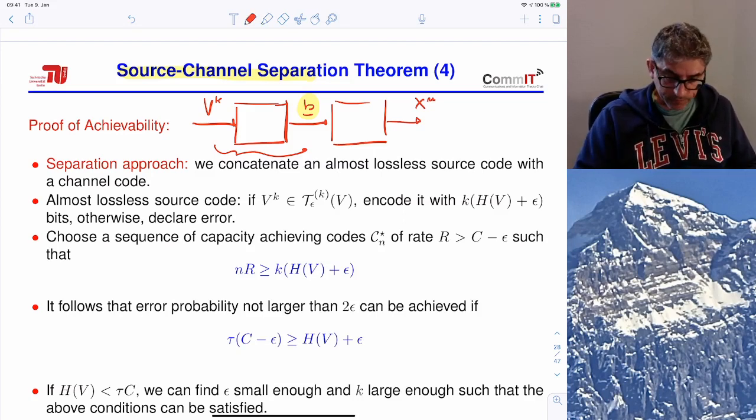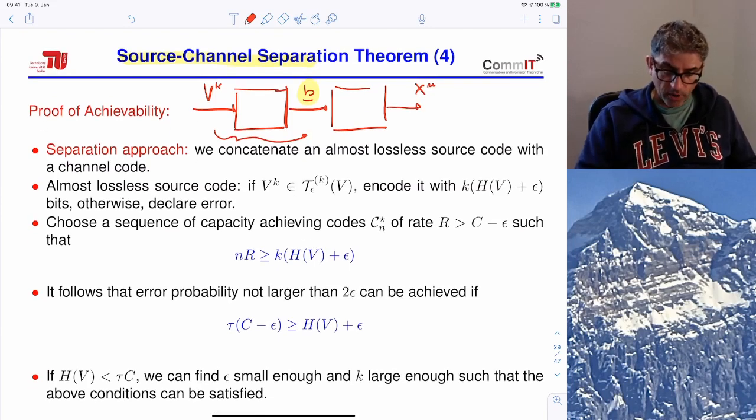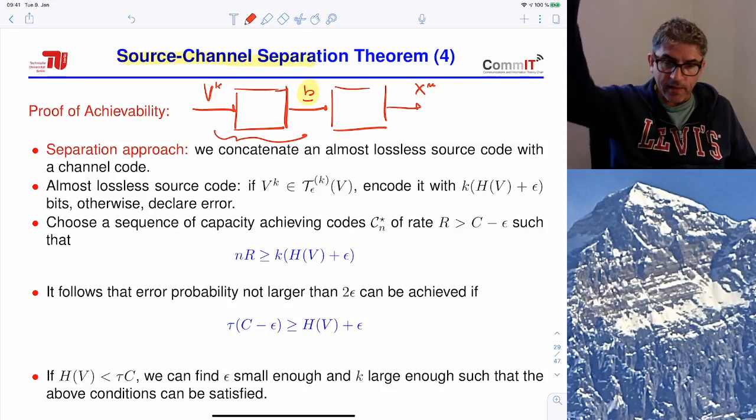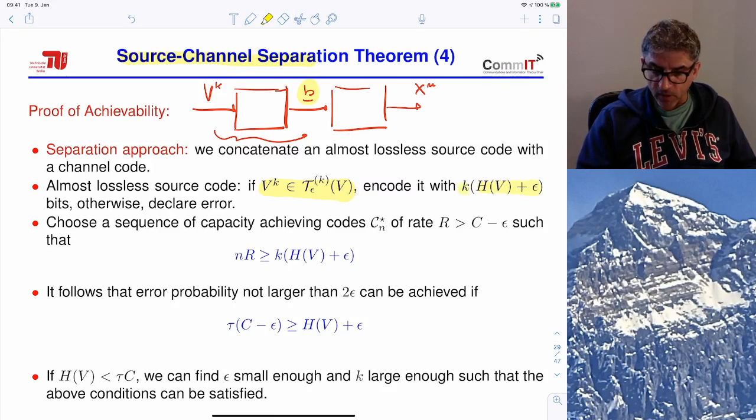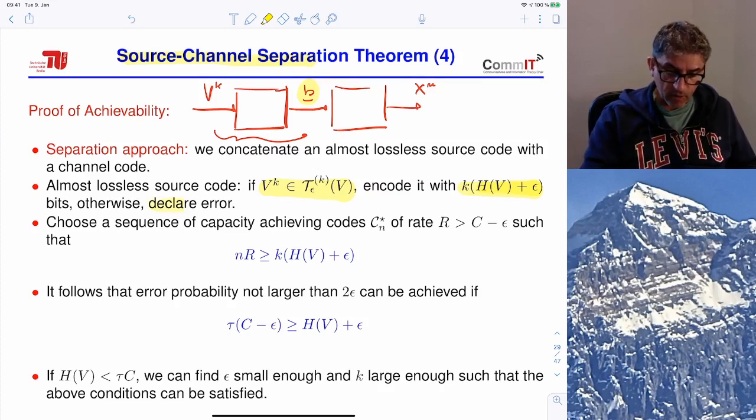So what happens? Well, we know that we are going to make an error in the source encoder if the source sequence is non-typical, because we index all the typical sequences. So if the source sequence is typical with respect to the typical set of the source, then that source sequence can be encoded, and k times (H(V) plus epsilon) bits are used to encode the sequence. Otherwise, we declare error.